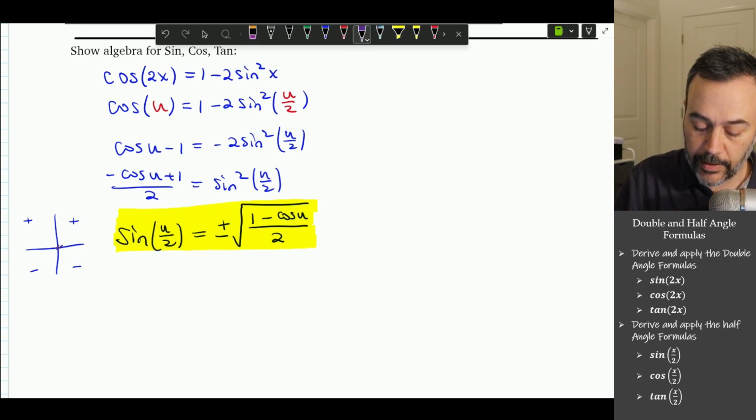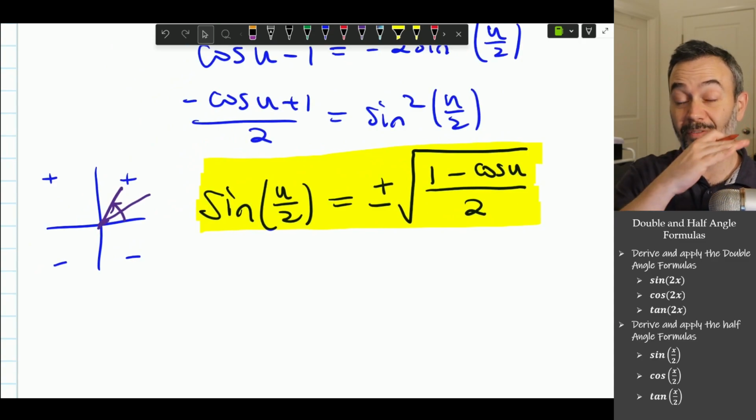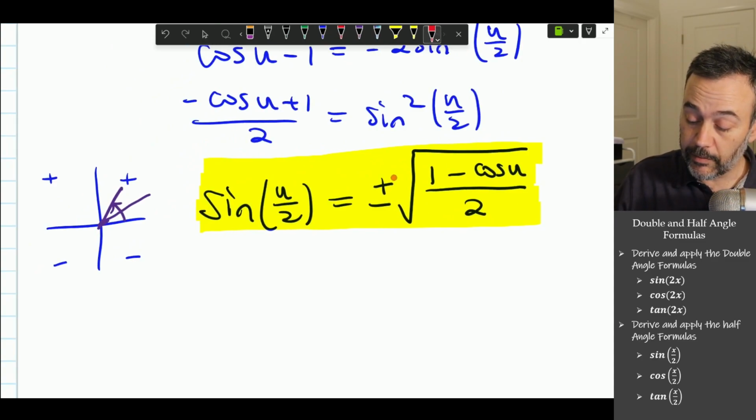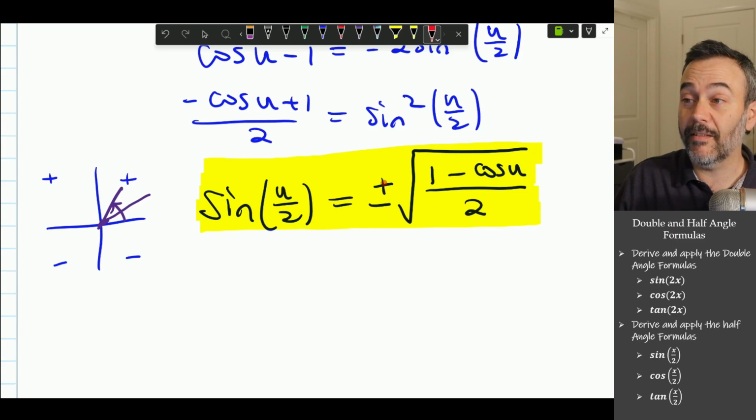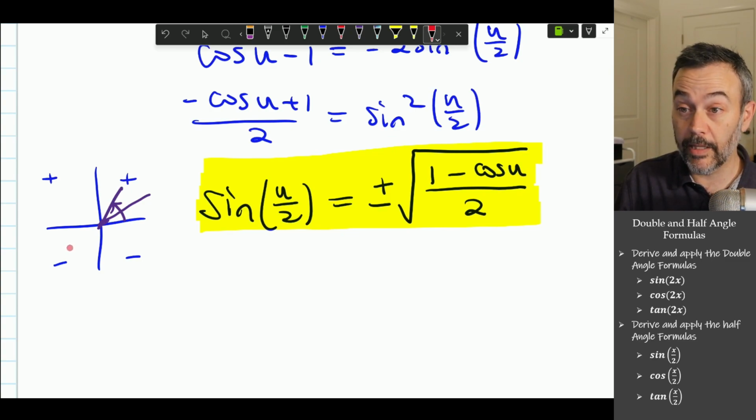If u is this angle, then u over 2 is half that, and that means u over 2 is in the first quadrant, so we would use the positive square root, not the negative. And if u over 2 was in the third quadrant, we would use the negative.